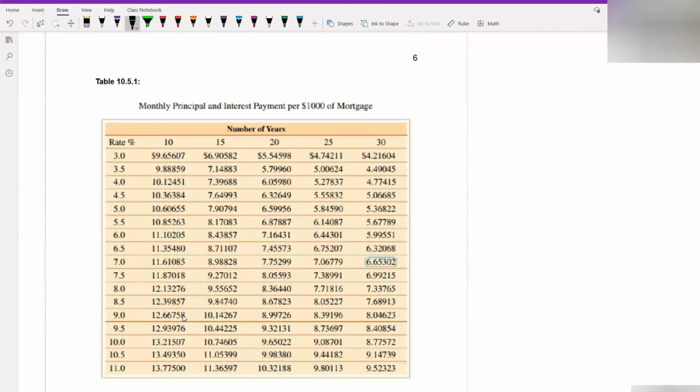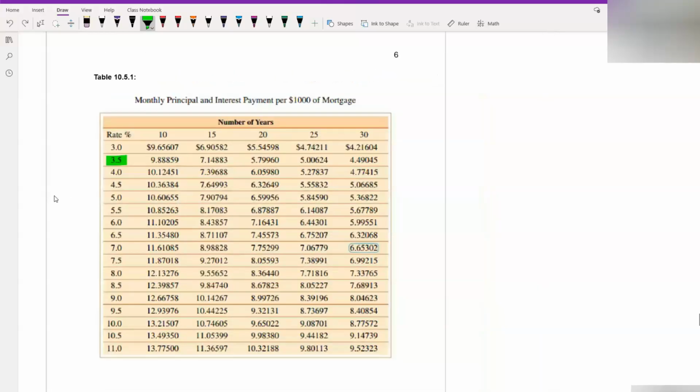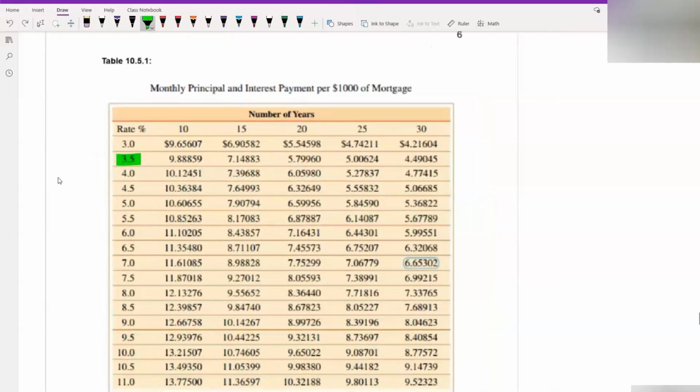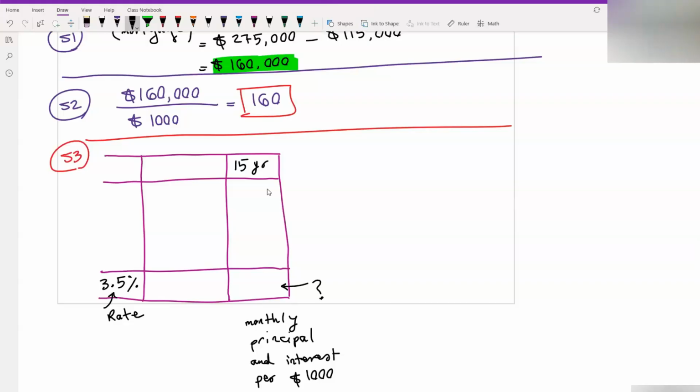Using the left column, find 3.5%, and for 15 years on top, the answer for this part is 7.14883. So writing that number here.